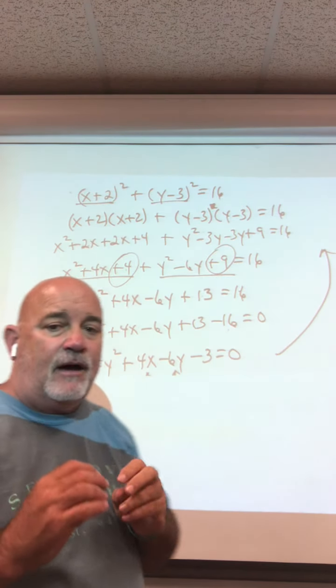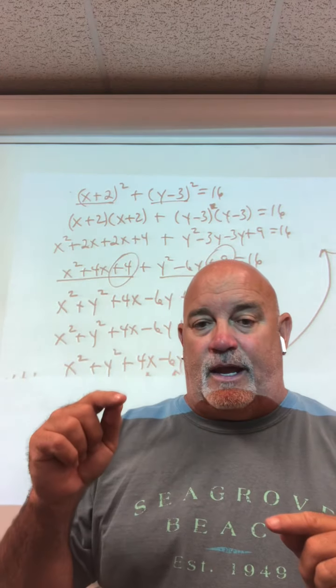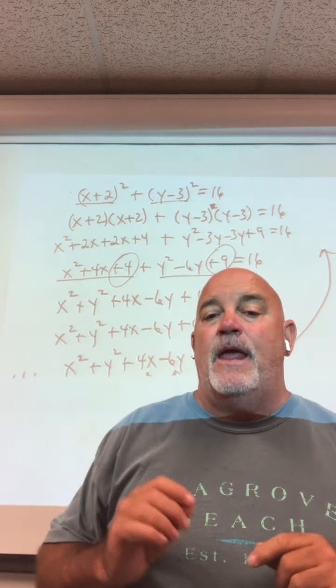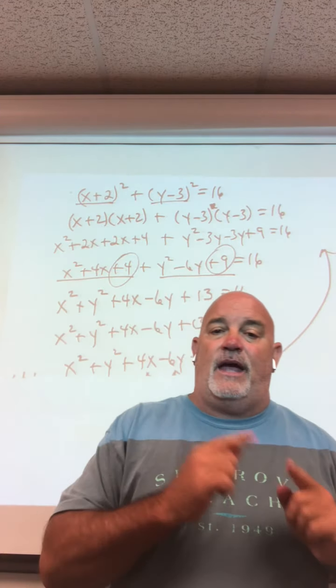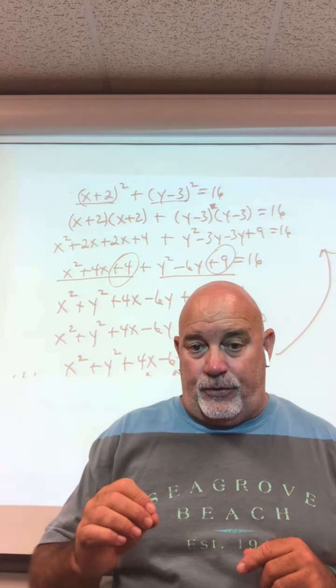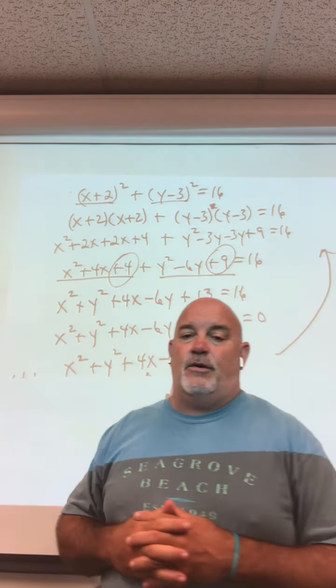So if you have the equation of a circle, you will have the x squared in it and the y squared. You have to have that every time. But if you have an extra x or an extra y or both, it's still a circle. It's just not in center radius form.